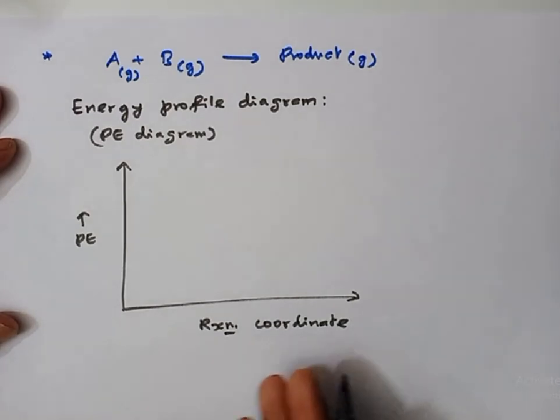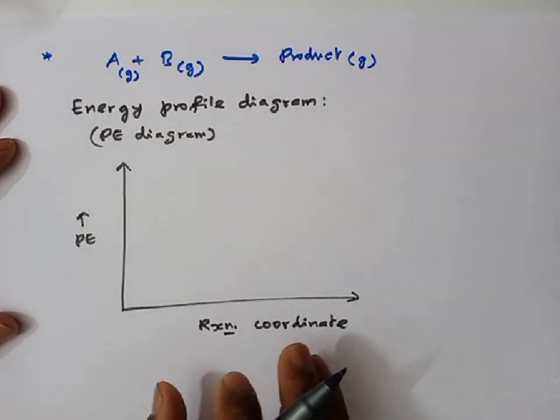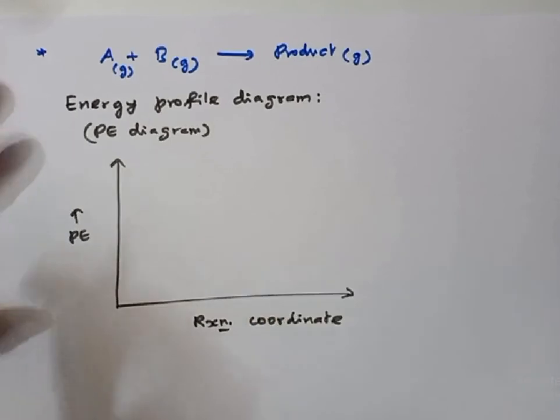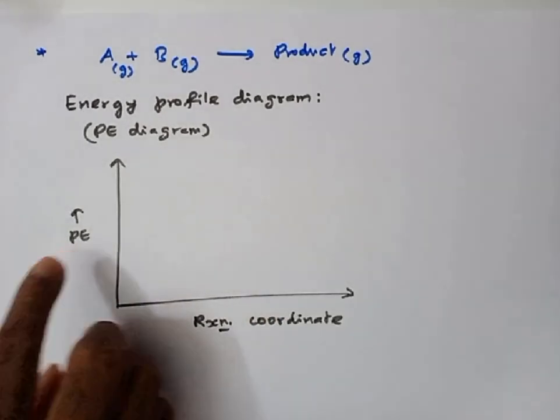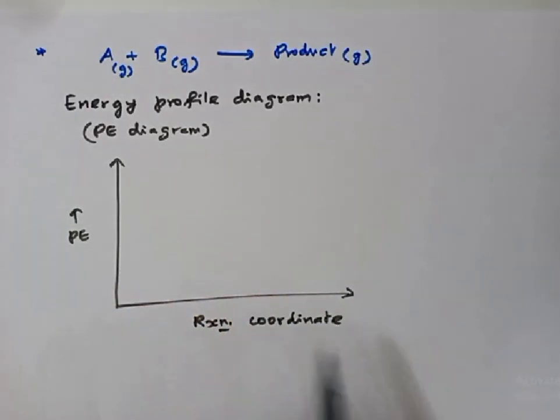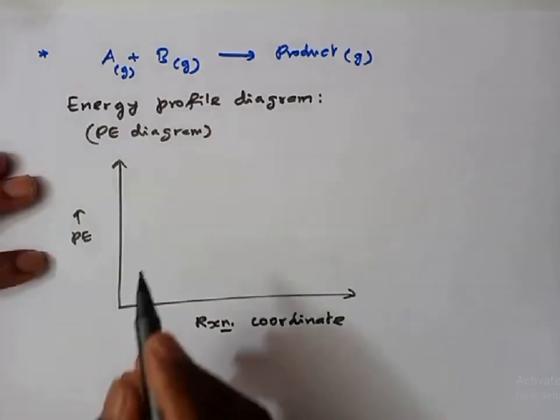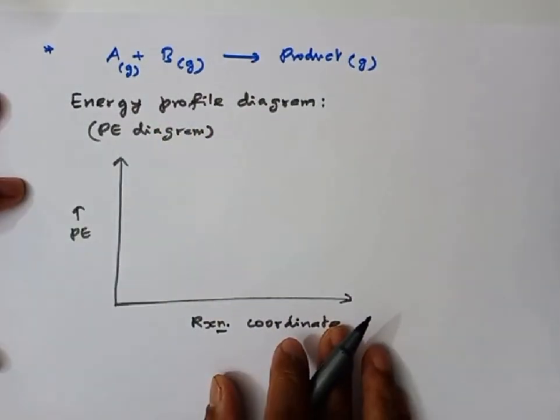It may be a bond length, a bond angle, or a dihedral angle, whatever it is. If you plot the potential energy of the species present in the reaction against the reaction coordinate, what type of graph will we get? That graph is nothing but the potential energy diagram.